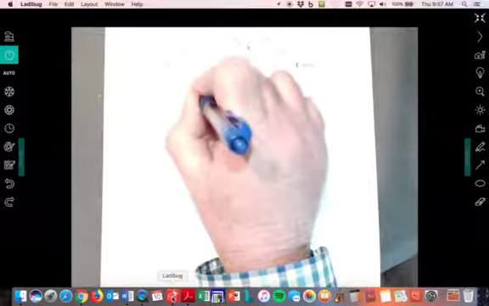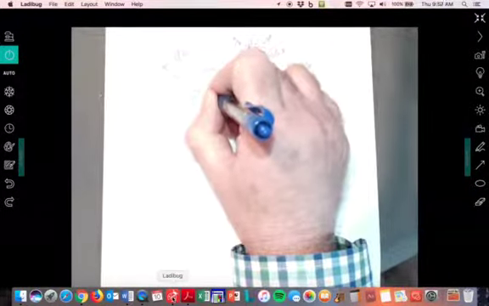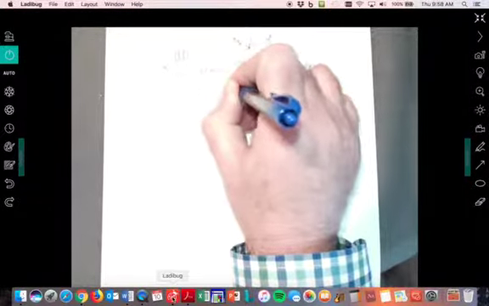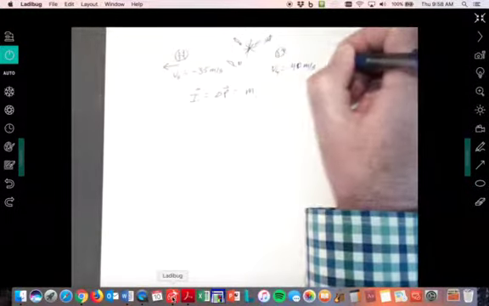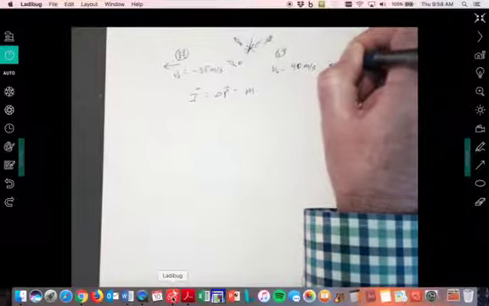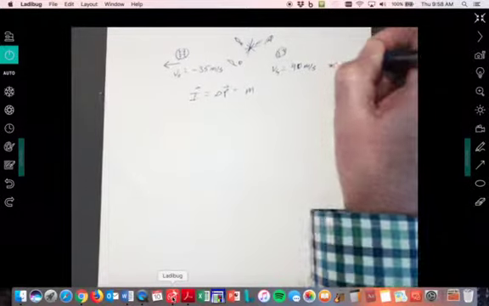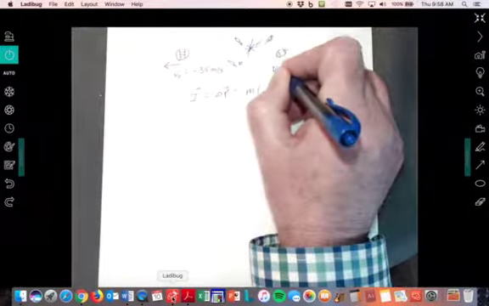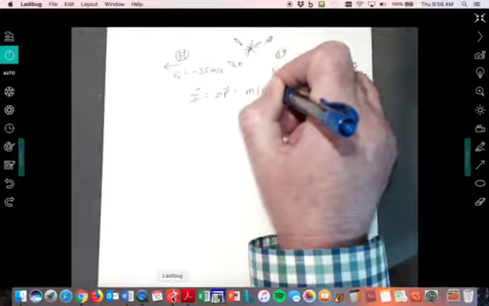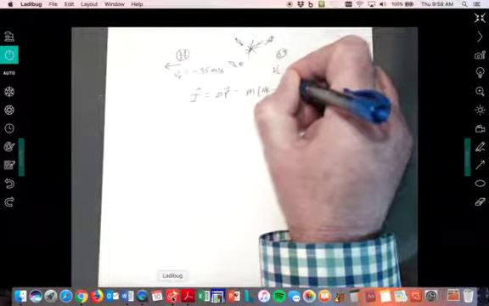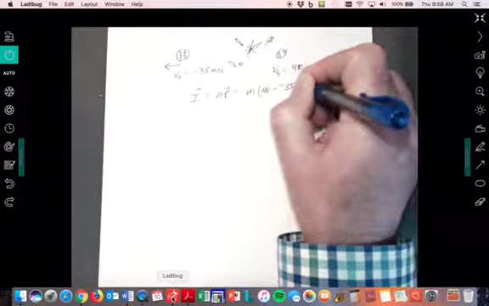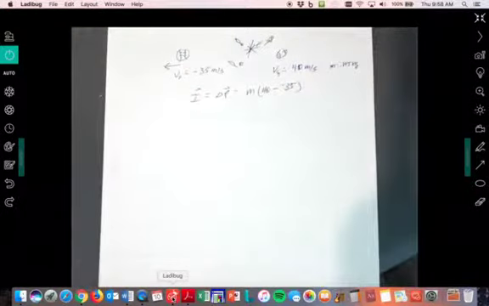So the impulse, since it's a vector, is going to equal the change in momentum, which is equal to the mass, and the mass of the baseball is 0.145 kilograms, times the final velocity, 40, minus the initial, negative 35. I don't put in the units when I actually start doing the math here.